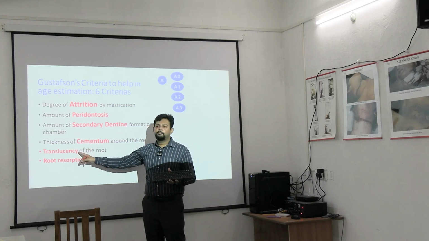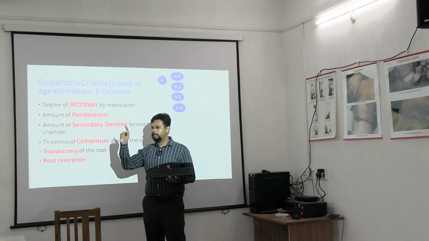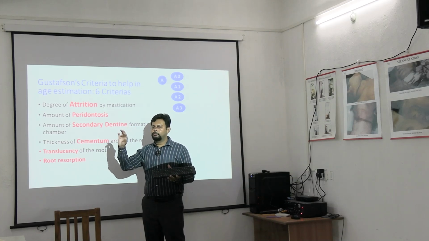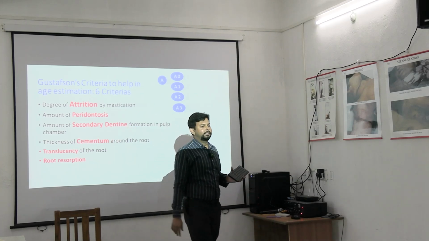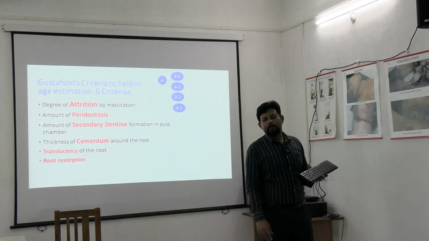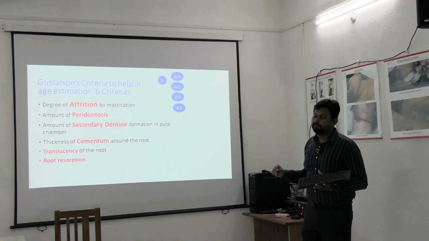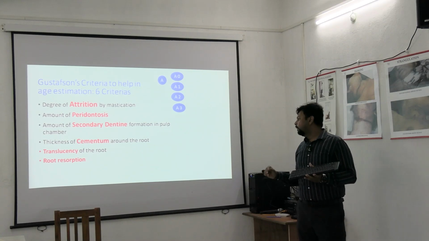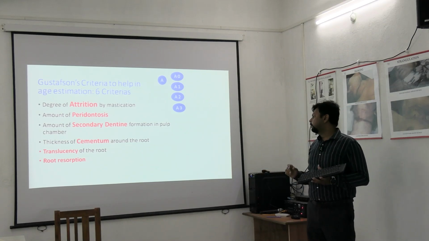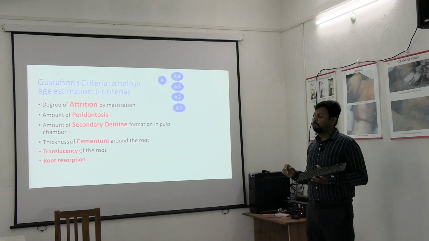This is the most important criteria. Okay, translucency. Just mark a star and write MIMP, most important. Others you should know: attrition, periodontosis, secondary dentin formation, root resorption, cementum apposition and translucency. 1, 2, 3, 4, 5, 6. 6 criteria. Okay.